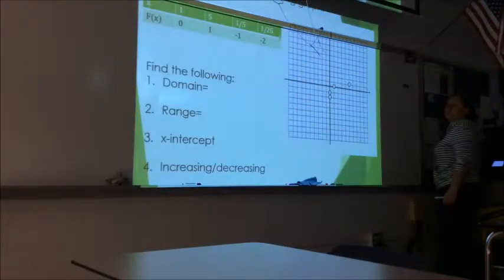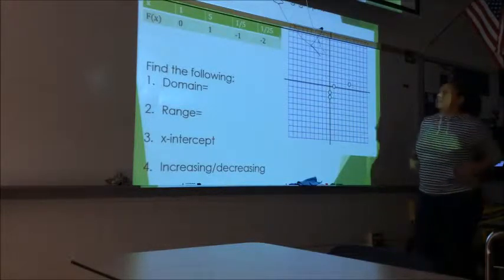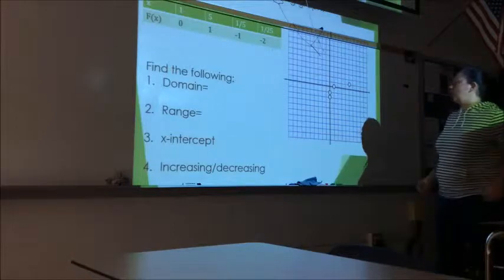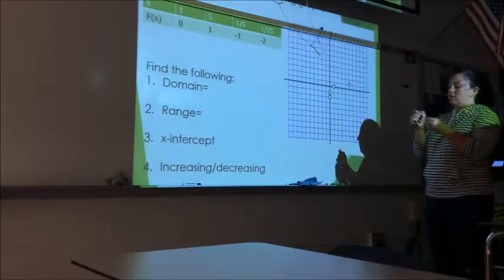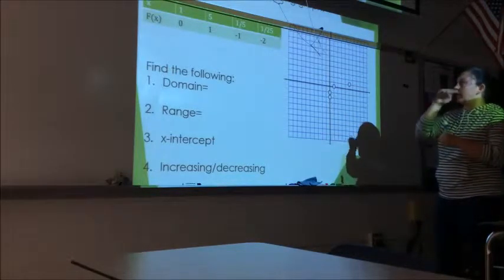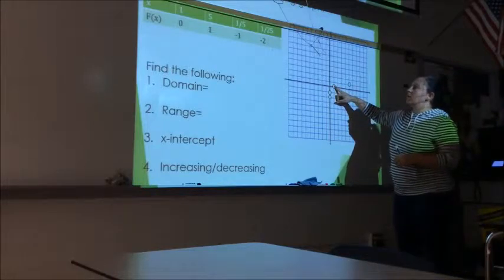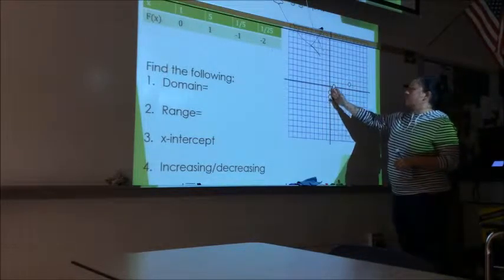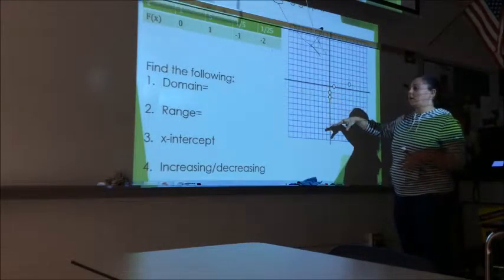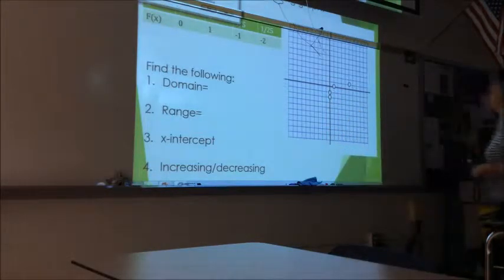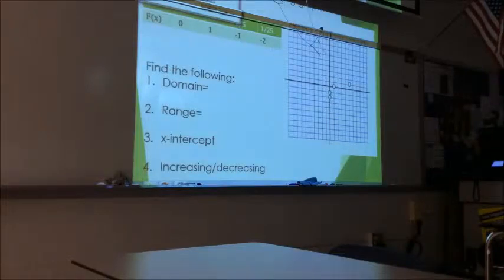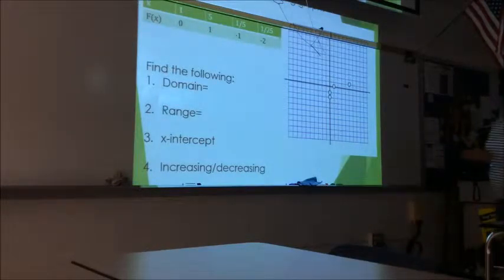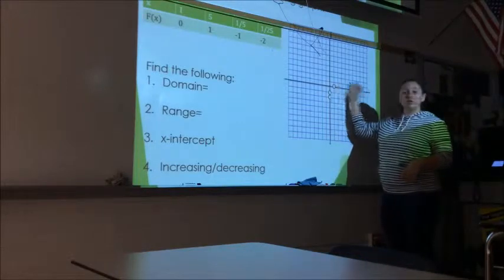From the graph, we can look at it and decide the domain. I think that graph shifted a little bit. It's 1, 0. These are very close to the line. They're not actually touching the line. So we've got the domain: all reals greater than 0, right?